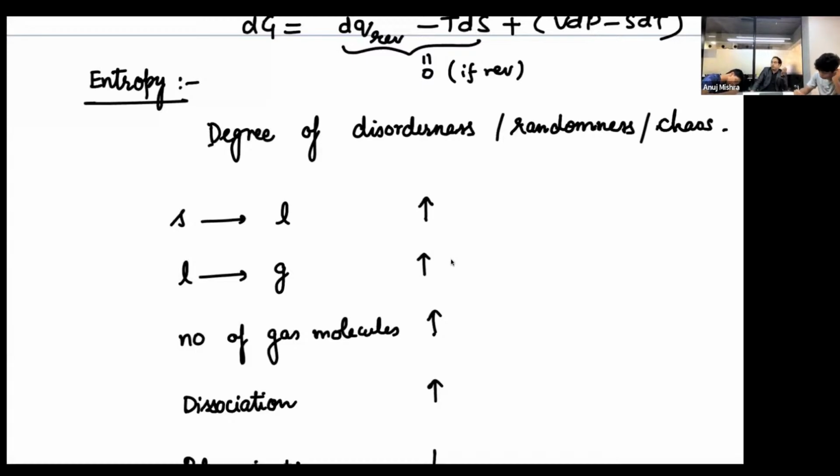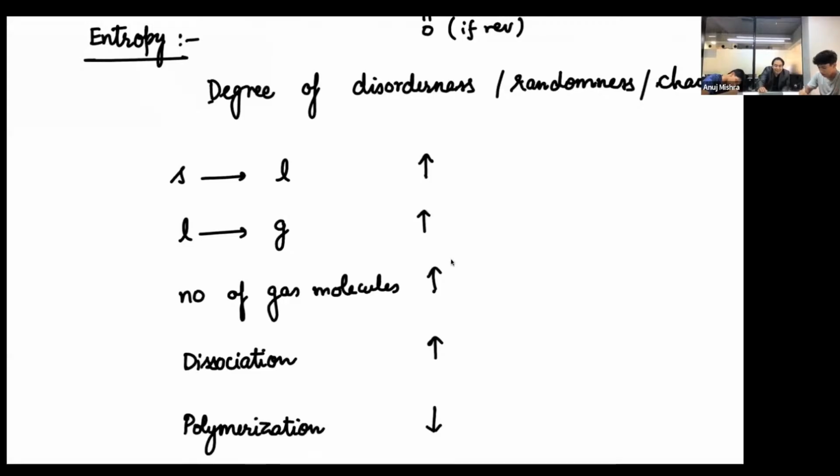Entropy will increase. Number of gas molecules are increasing, it will increase. You take one molecule and dissociate into more pieces, it will increase the entropy. You take many things, convert it into one, you are reducing the entropy. Okay. So when you talk about polymerization, it's decrease in entropy.